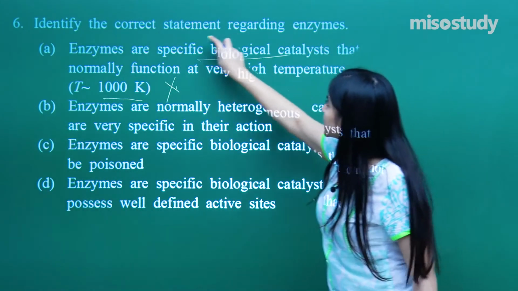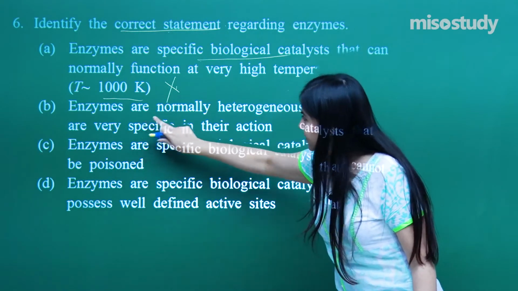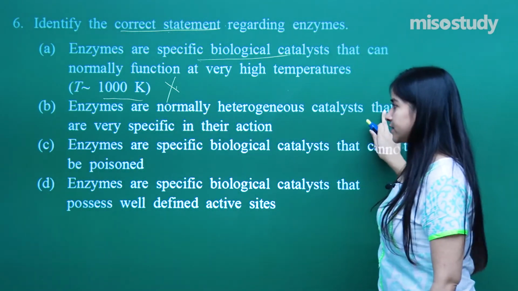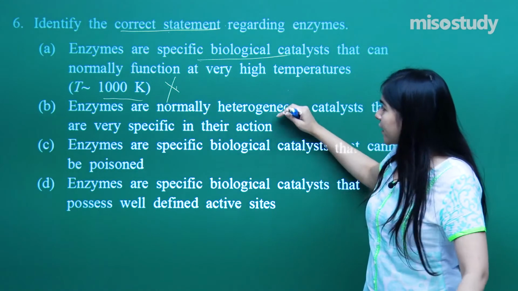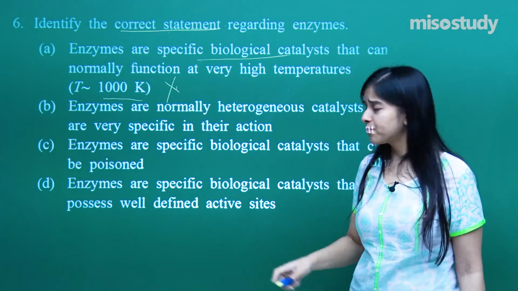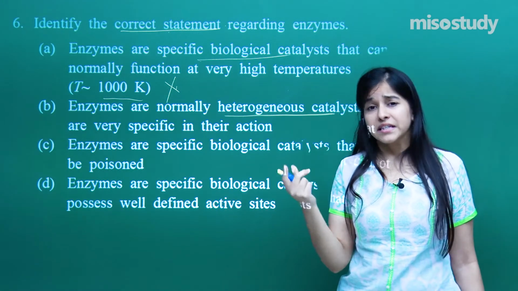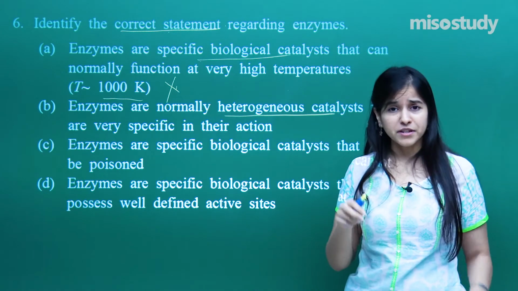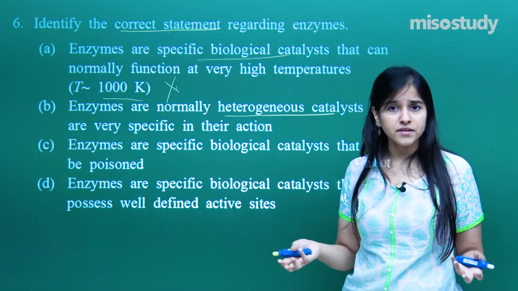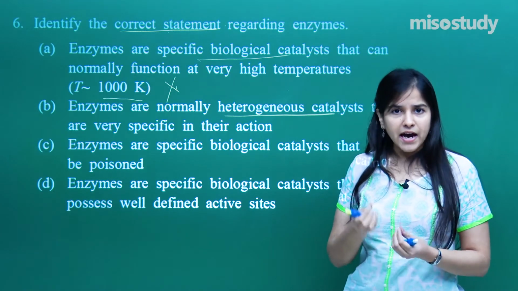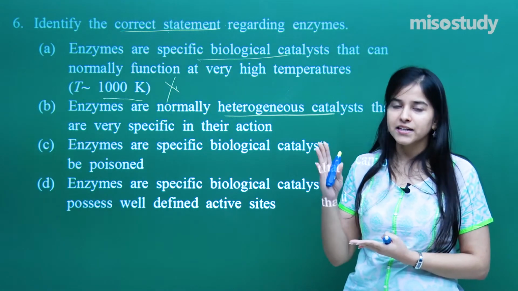I need to find out the correct statement, so be very careful with the question. Second is, enzymes are normally heterogeneous catalysts and are very specific in their action. So, do you find this statement true? What is a heterogeneous catalyst? That means they may be present in another form within our body. But our body has mostly the liquid state, and the enzymes need to perform their actions within that liquid state.